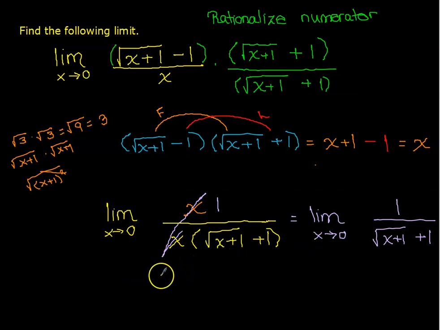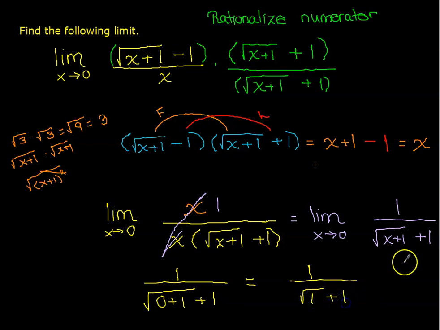So I'm going to replace all the x's with 0, giving me 1 over the square root of 0 plus 1 plus 1. And square root, 0 plus 1 is 1. The square root of 1 is 1. Everything else I'm just bringing down. And that would give me 1 over 2. So that would be the limit.